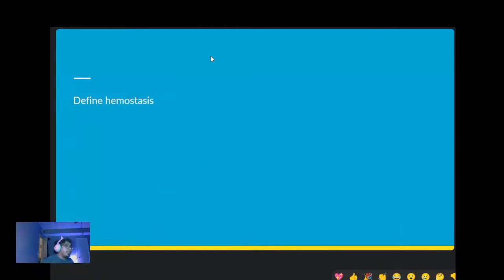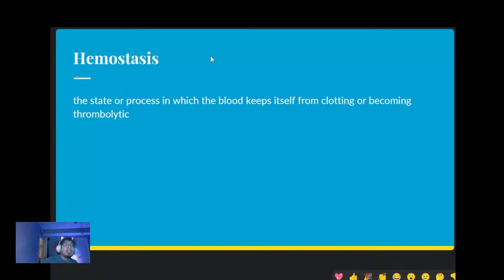Okay? Define hemostasis. Now, we define hemostasis as the state or the process in which the blood keeps itself from clotting or becoming thrombolytic. The ability of the body to form a clot and to stop the clot from dislodging and causing harm in the human body, because hemostasis nga eh.